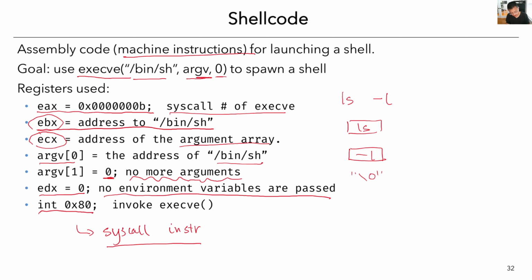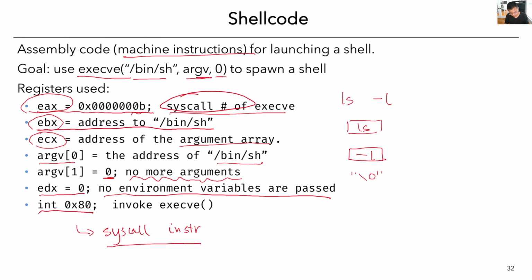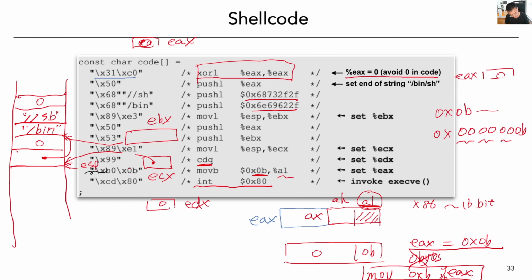Right, so let's go back to the previous slide. We have mentioned that EAX needs to contain the syscall number, which is 0B. Look at this, EAX is 0B. EBX will be the address of /bin/sh. This is a string, the command line.